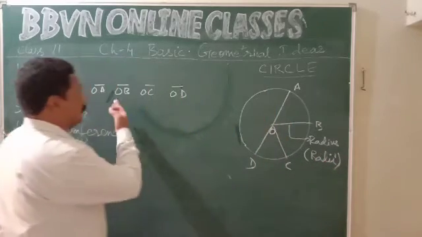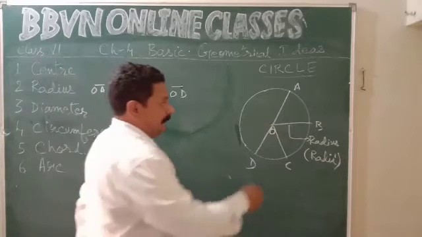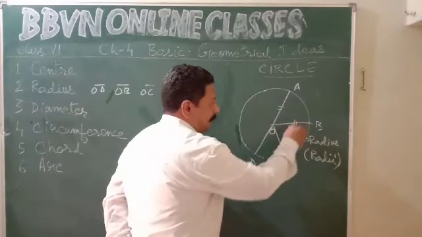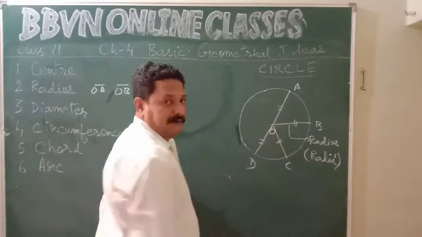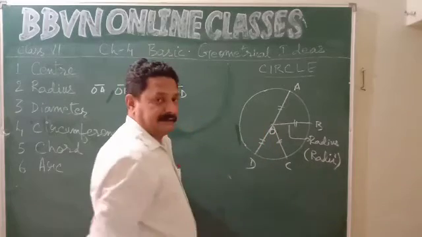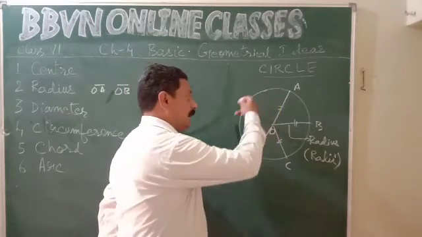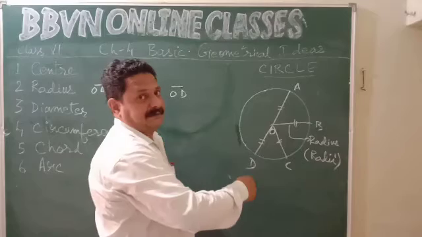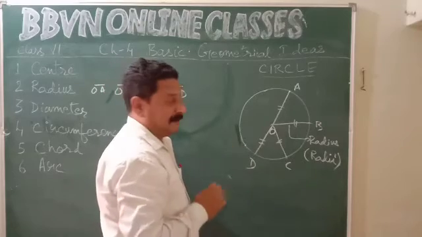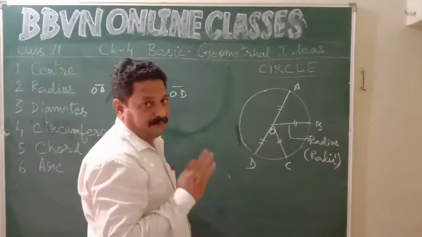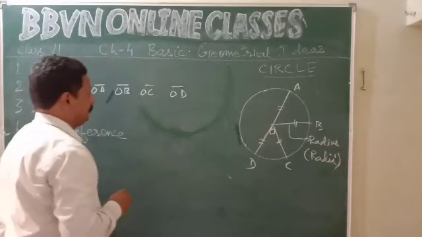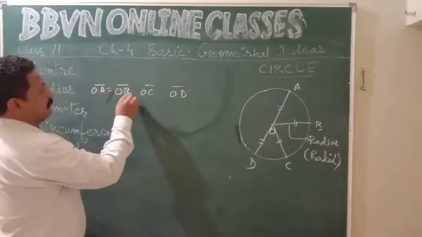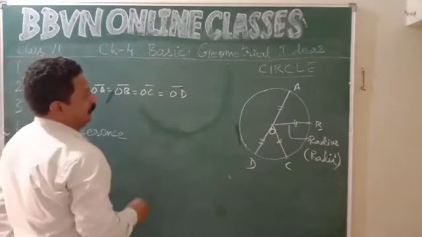So all these are radii and they are equal in length. From the center of the circle, if you connect any point on the circumference, that will be the radius, and it will always be of the same, constant measure.